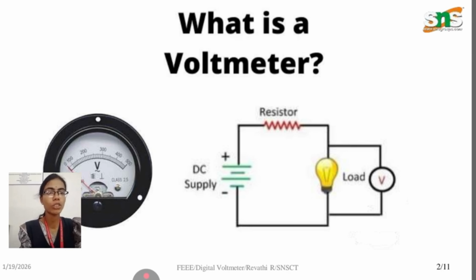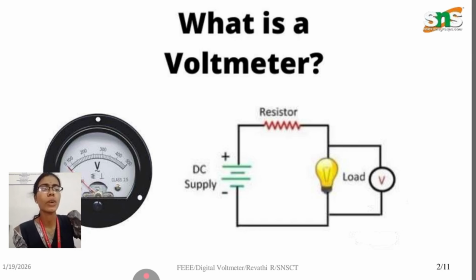In an analog voltmeter, the voltage is connected across a coil which is mounted with a needle, and the needle points to the voltage value. Whereas in a digital voltmeter, we can see the voltage consumed across the load directly shown in an LED display.